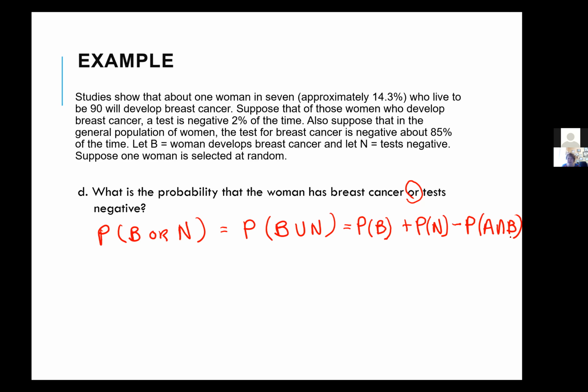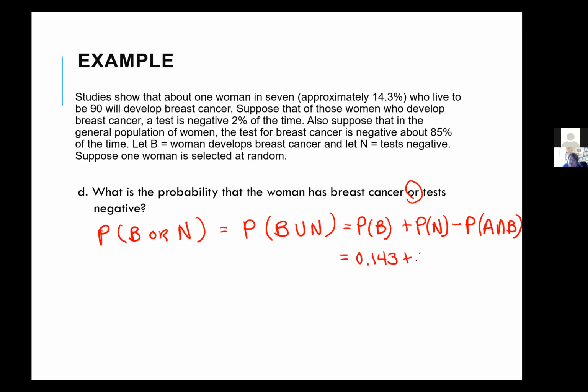A woman can test negative and have breast cancer, so they're not mutually exclusive. Both of the things can happen at the same time. The probability of B and N occurring, we just calculated as 0.0029. So the probability that a woman has breast cancer was given to me.